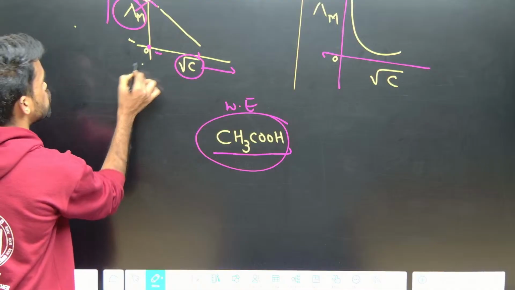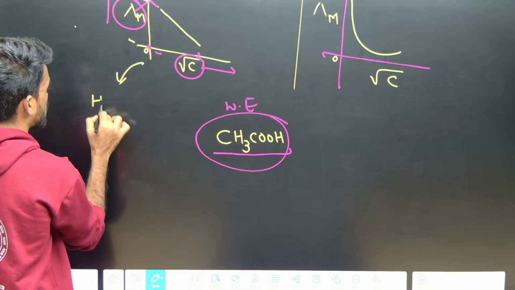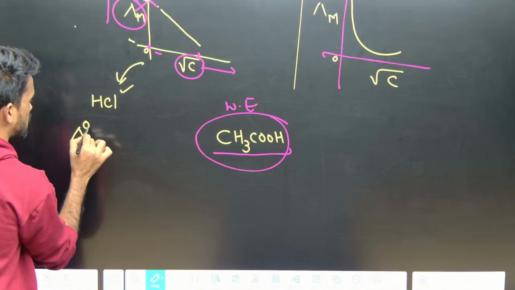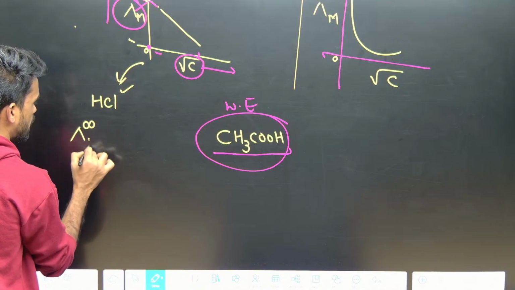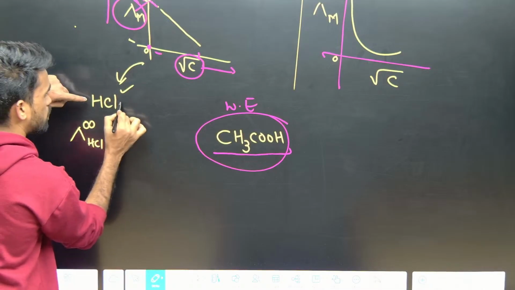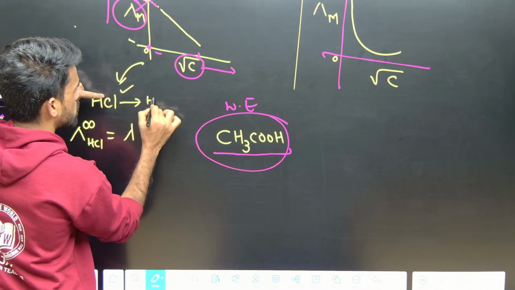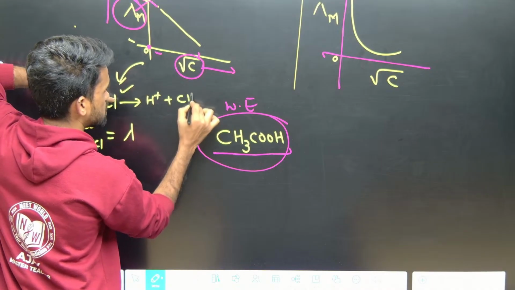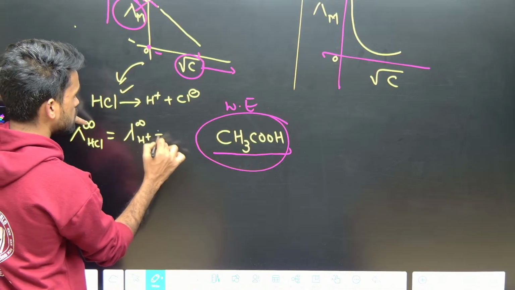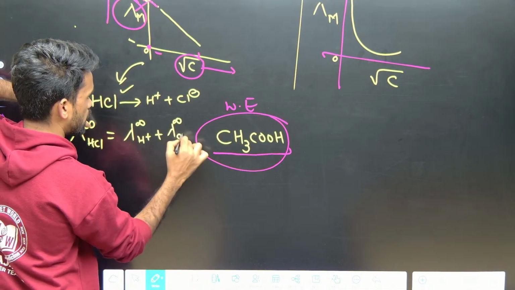If I take a strong electrolyte, for example HCl, the limiting molar conductance of HCl can be written as the ionic conductance of the H plus ion plus the ionic conductance of the chloride ion, because HCl dissociates to give H plus and Cl minus.